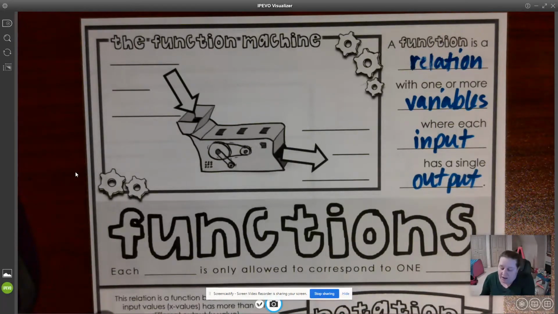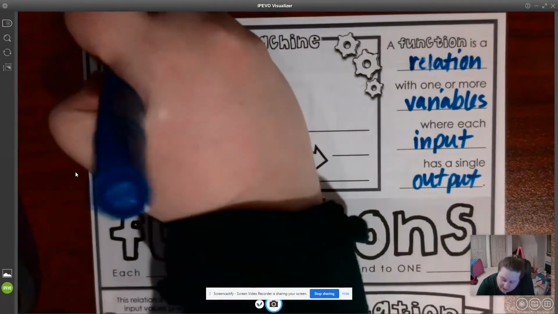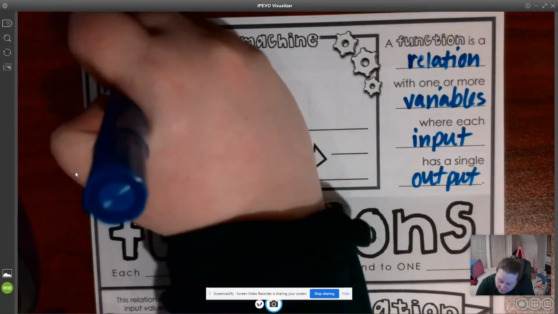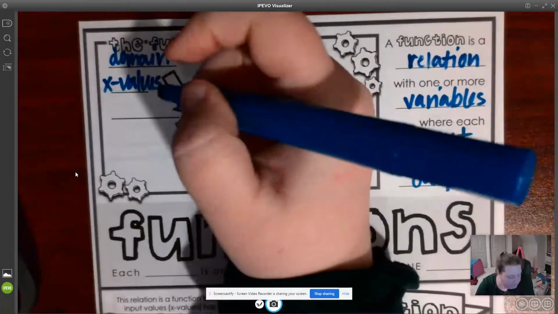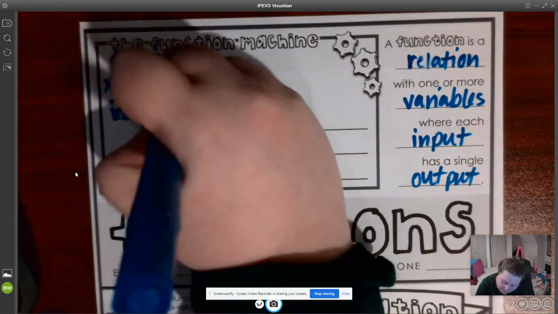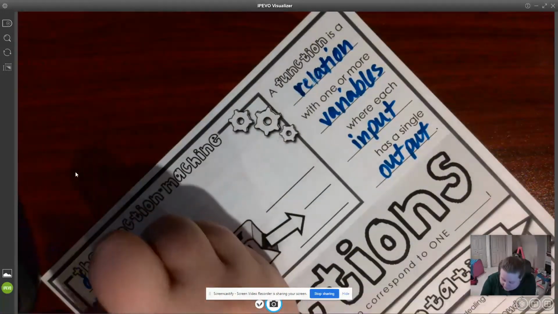If you think of a function like a machine, like the vending machine, what we put into that machine is the domain or x values. It's also called the independent variable, or it's called the input.